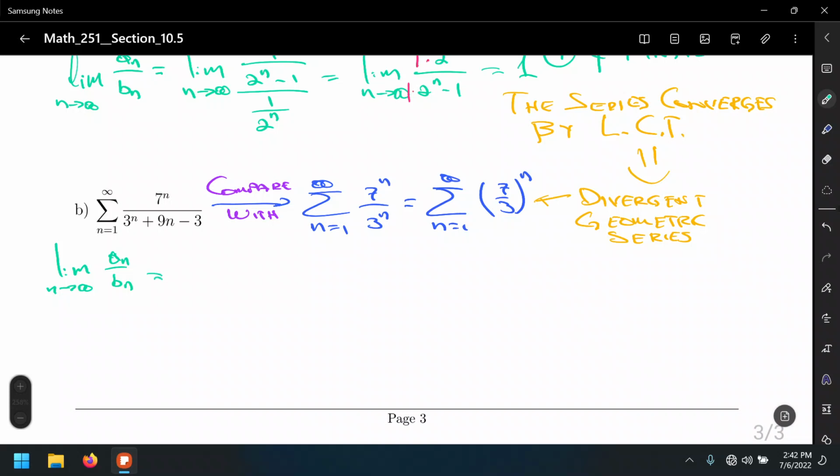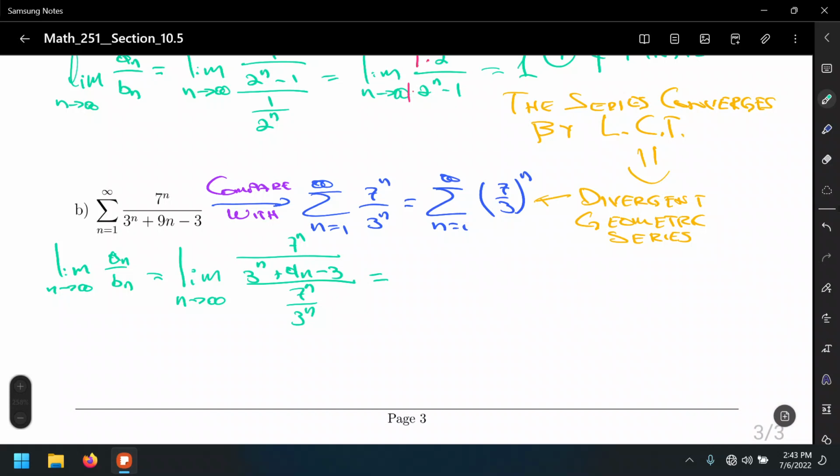It's going to look a little bit big: the limit as n approaches infinity of 7 to the n over 3 to the n plus 9n minus 3, the whole thing divided by the test series, 7 to the n over 3 to the n.